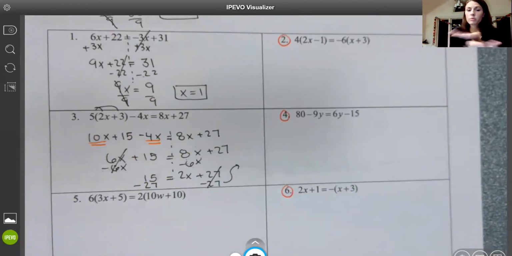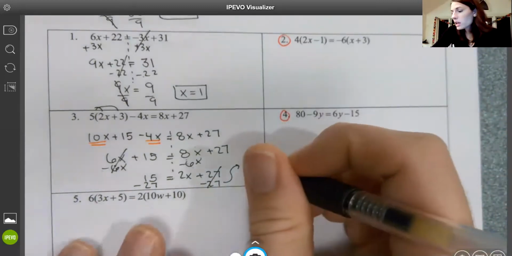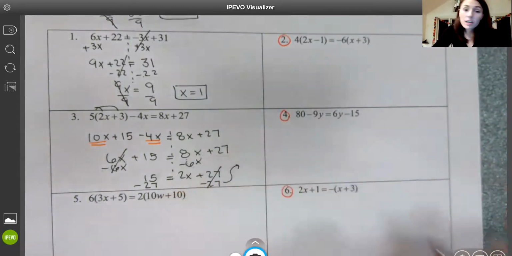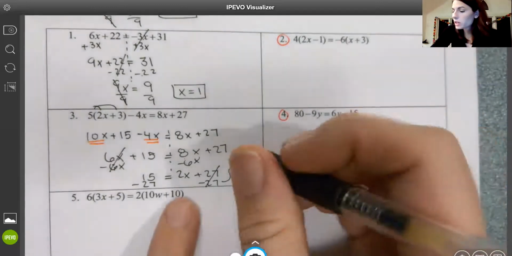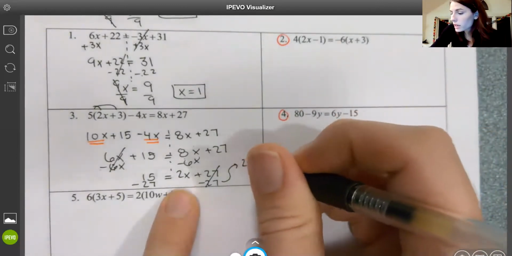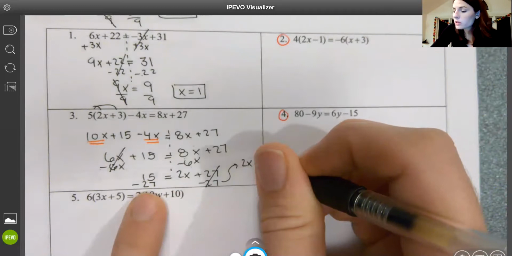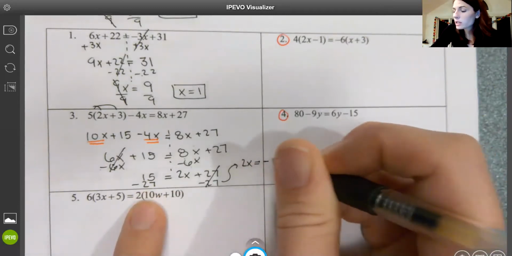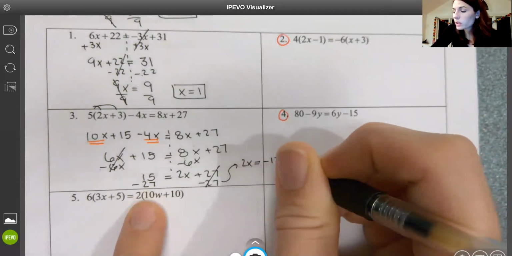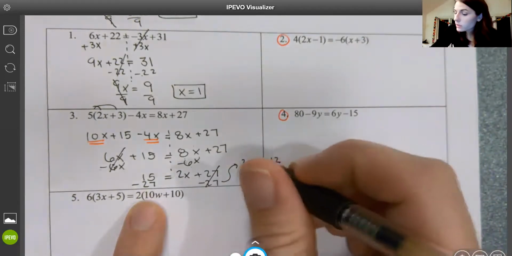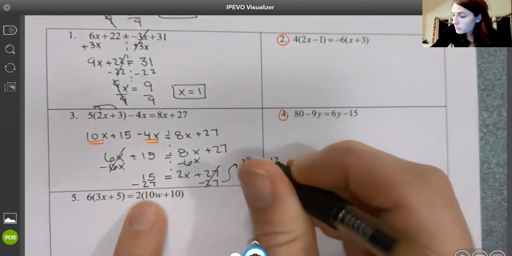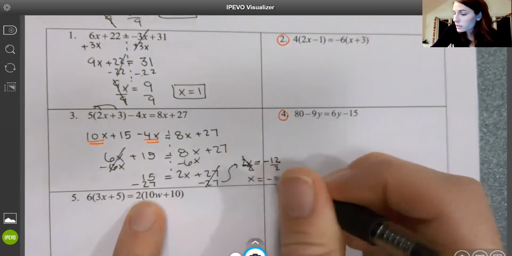I'm just flip-flopping my sides as I rewrite this. Sorry, I'm saying negative 2x, it's positive 2x. So I have 2x equals, and 15 take away 27 is going to give us negative 12. And then to solve for x, we divide by 2 on both sides, and I'd be left with x equals negative 6.